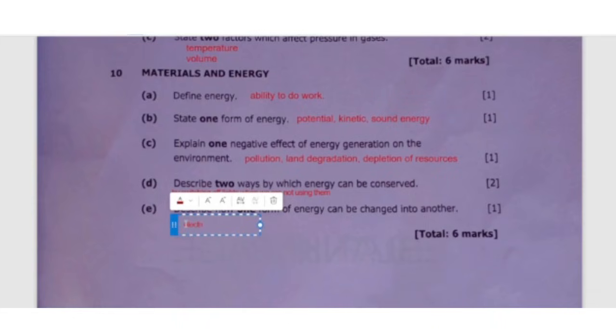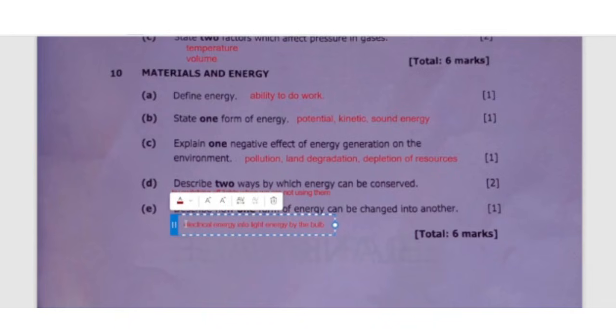Electrical energy converted into light energy by the bulb.